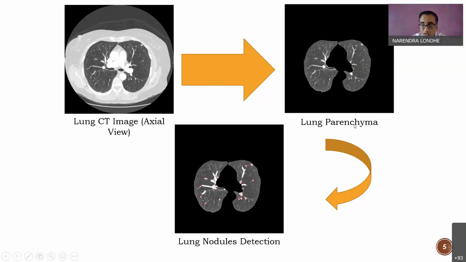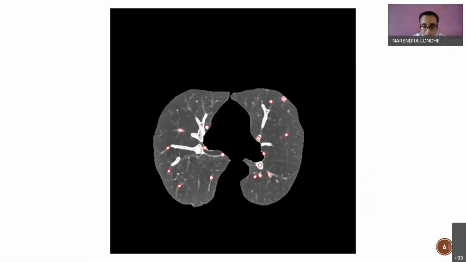Once we have segmented the lung parenchyma, in it I have also segmented the nodules. You can see these segmented nodules circled with red circles, and this is an enlarged image. These are the lung nodules. So in the segmented lung parenchyma, we further segmented the lung nodules. This is segmentation.